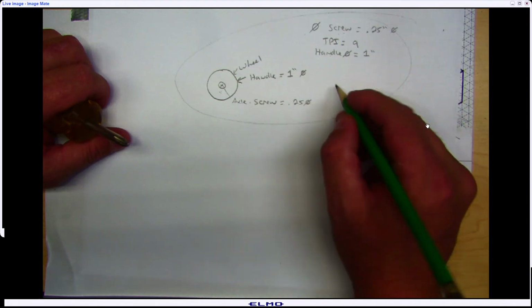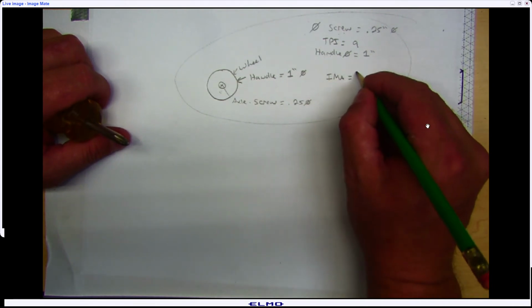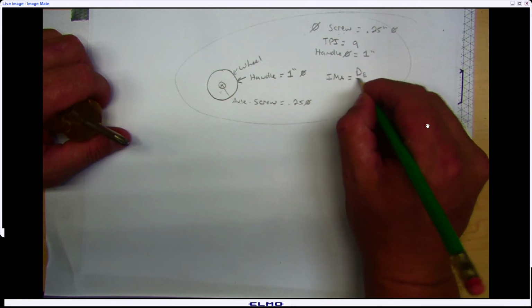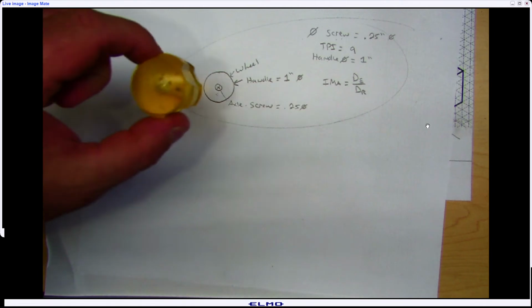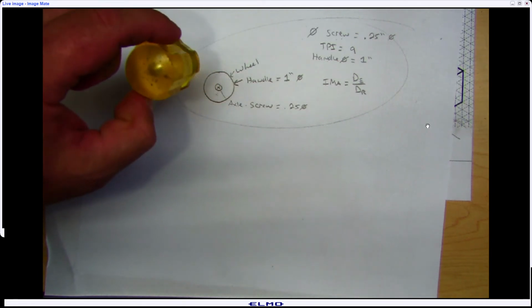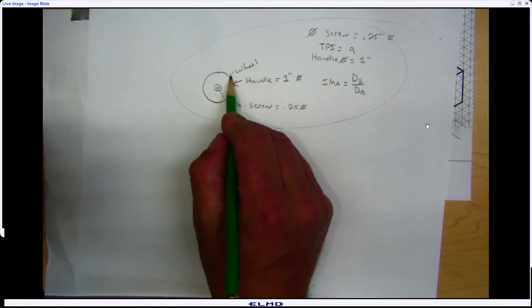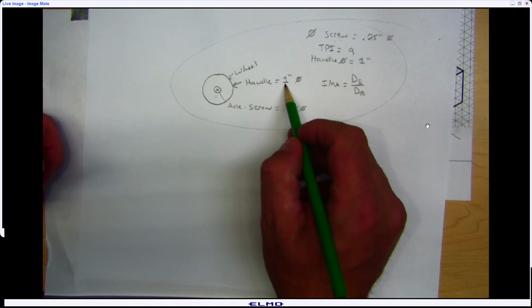We're going to use IMA to calculate the first, so distance of effort over distance of resistance. On a screw, I'm applying my effort to the handle. I'm twisting the screwdriver. So that's the wheel, and my effort is 1 inch.